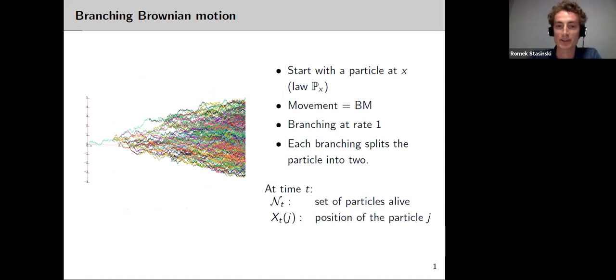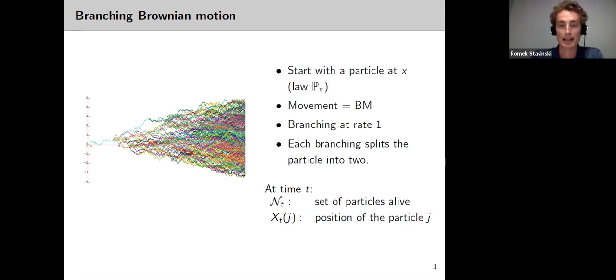So let's start with a very brief recap on what a branching Brownian motion in dimension 1 actually is. It's a process which starts with one particle located at some position x, and this particle starts moving according to the standard Brownian motion. And independently of the movement, it starts branching at rate 1. And finally, at each branching event, it splits into two particles, which from now on continue the same movement independent from each other.